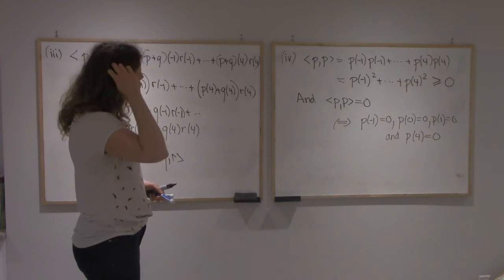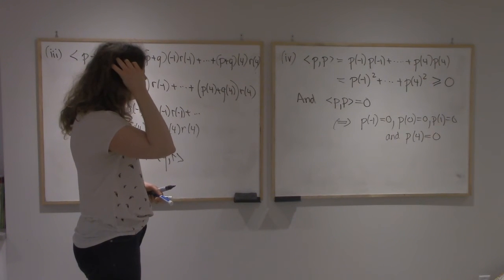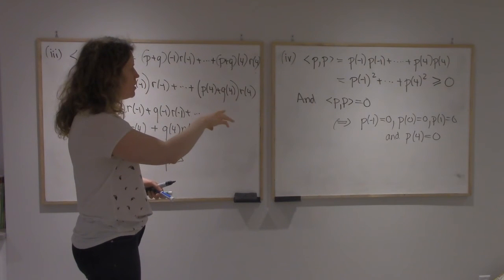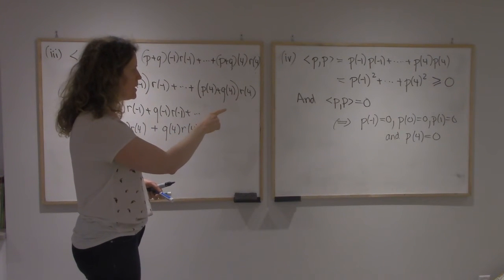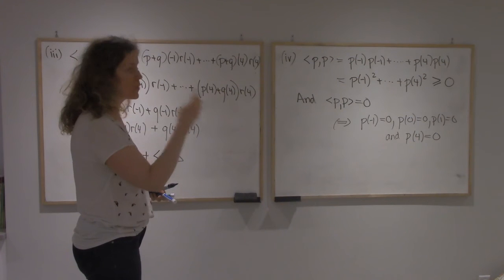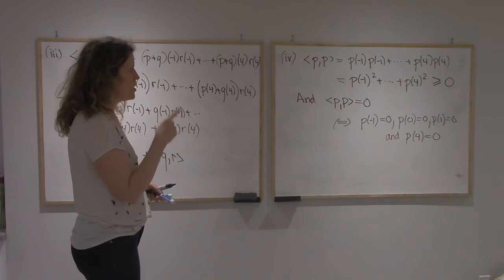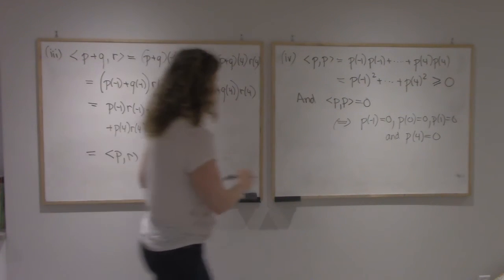So now if I'm thinking of P of x here, this is a polynomial of degree 3 or less, which has 4 zeros.